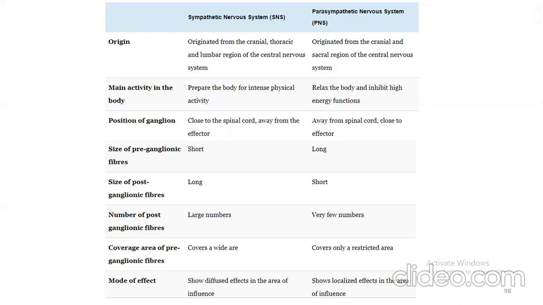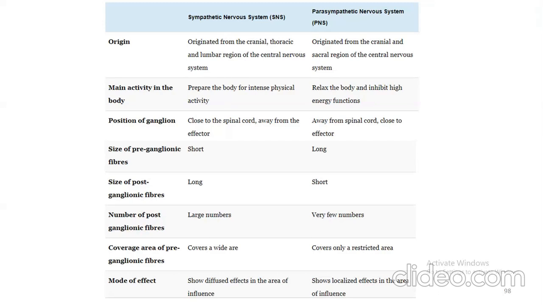The sympathetic prepares the body for intense physical activity, and the parasympathetic relaxes the body and inhibits high energy function. Now, position of ganglion: in the sympathetic it is close to the spinal cord, away from the effector, and in the parasympathetic it is away from the spinal cord and close to the effector.